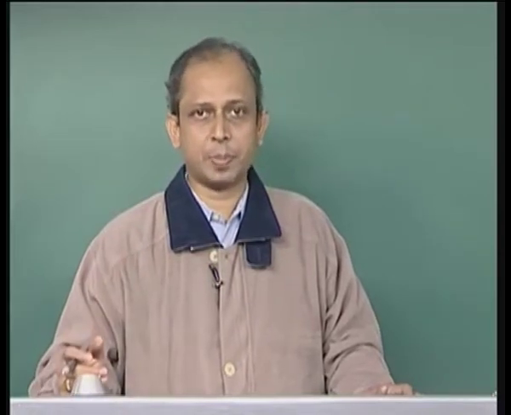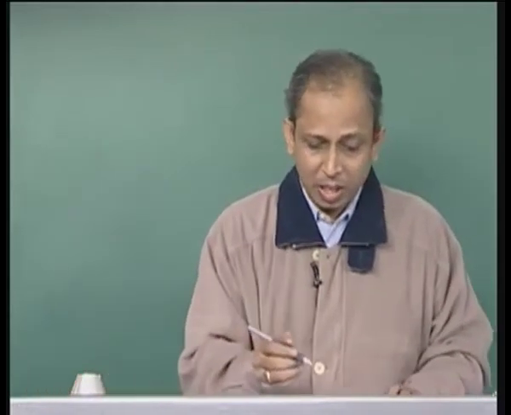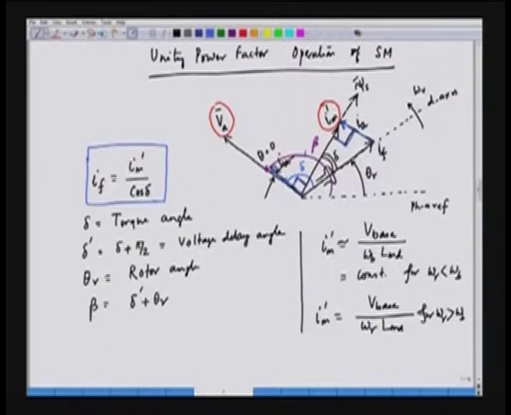To impress this particular condition, we have to control the field current as per this equation. The field current If: if you see this right angle triangle, one side is Im prime, the other side is Ia, the armature current, and the third side is If.